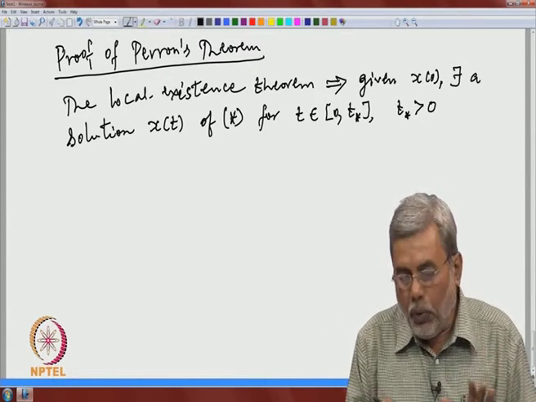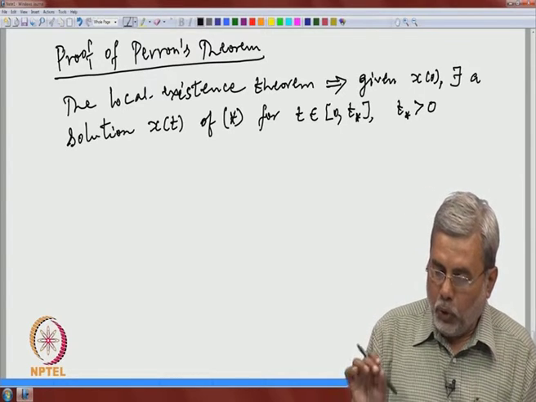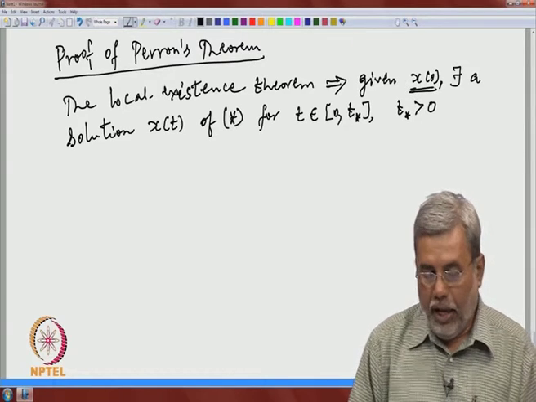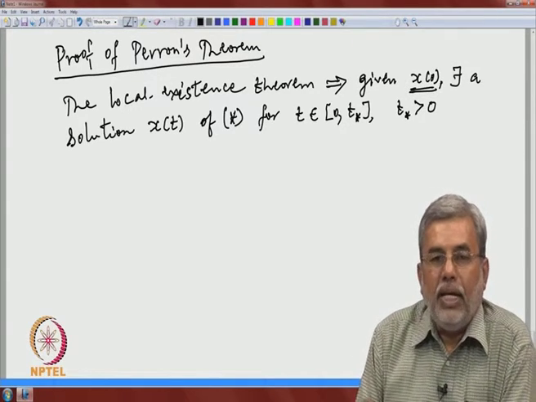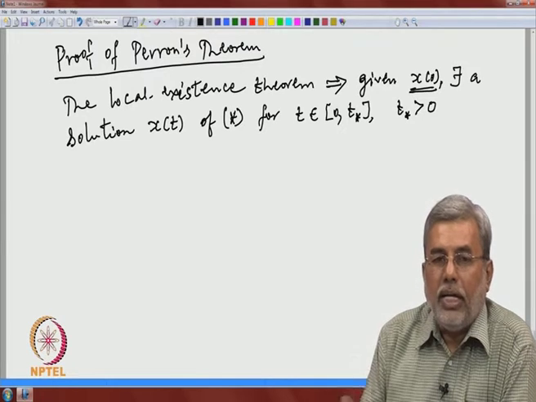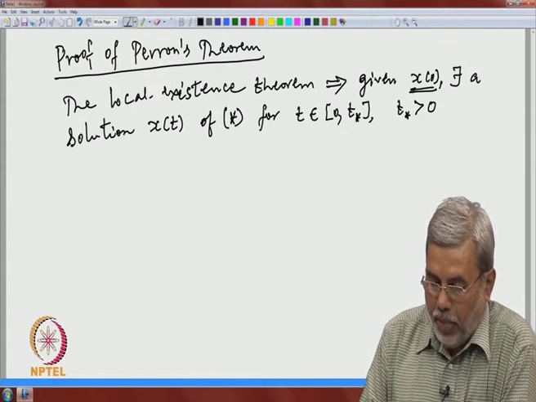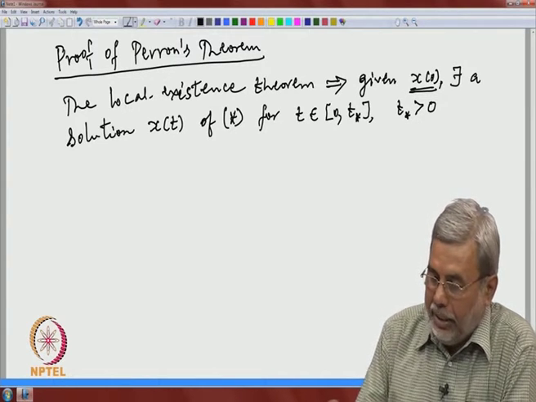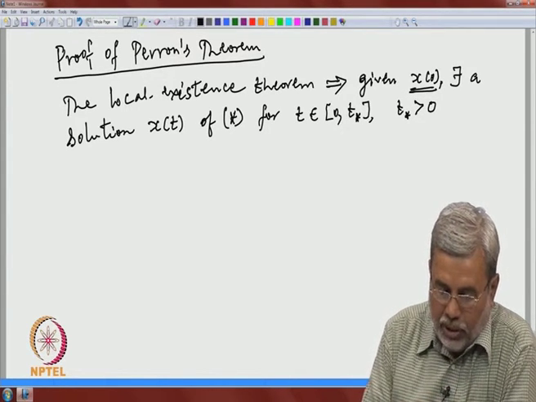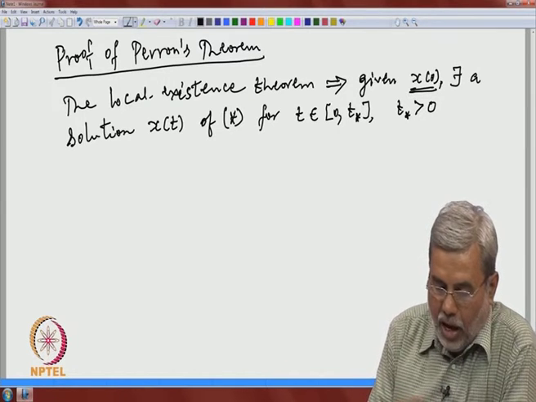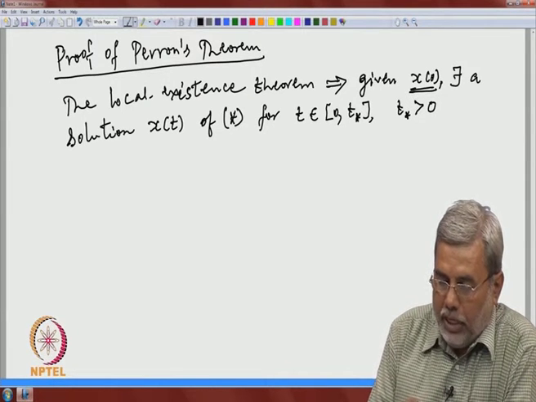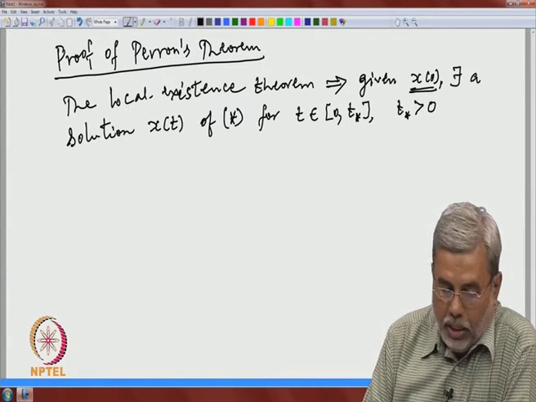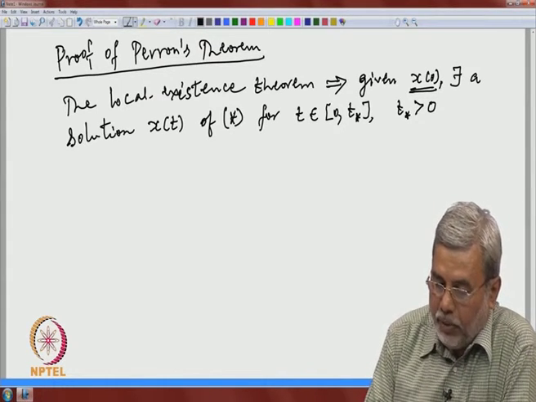What we would like to do now is show that when this x 0 is small, the solution can be extended to all t positive. That is the first step. We are not interested in weakness here, that is why there are no hypotheses on little f in star. This is by the Peano existence theorem that there is always a solution.